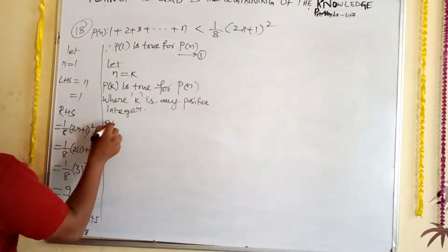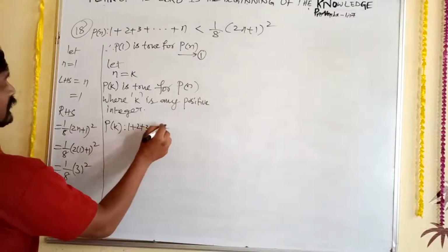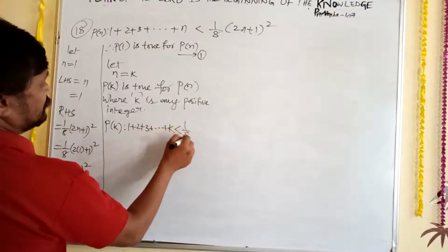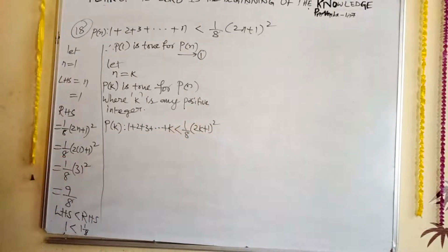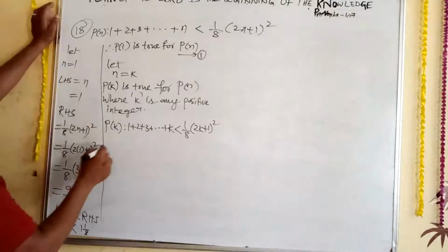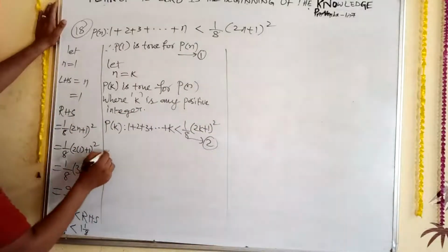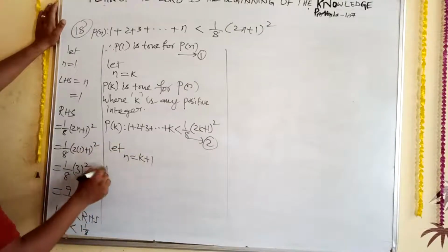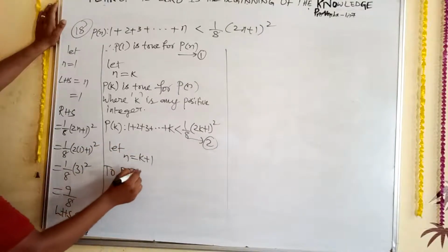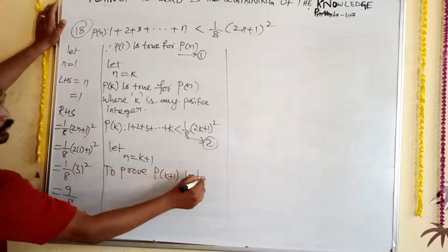So P of k is such that 1 plus 2 plus 3 plus and so on plus k is less than 1 upon 8, (2k plus 1) whole square. Okay. So now next, this gives us equation number 2. Next step, what we need to do? Let n is equal to k plus 1 to prove P of k plus 1 is true.